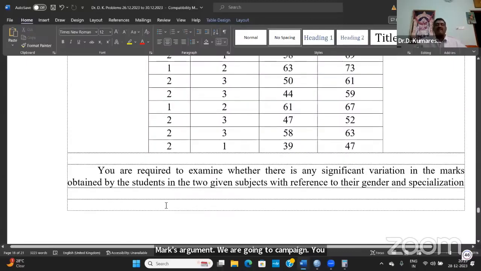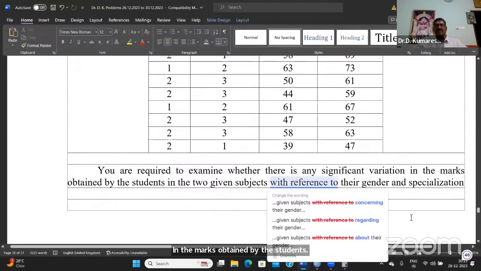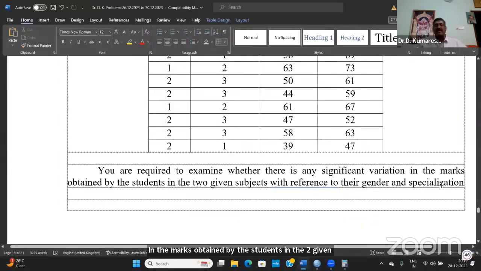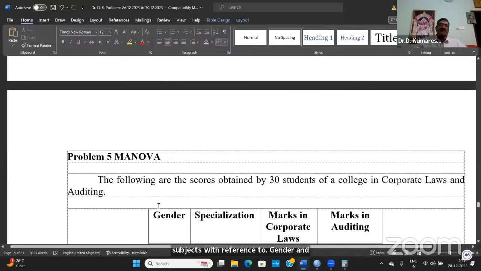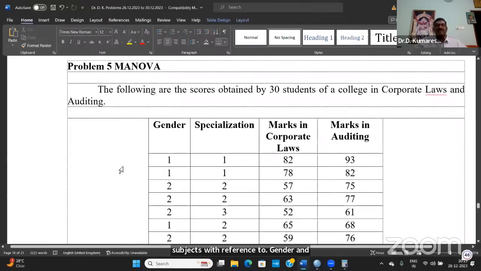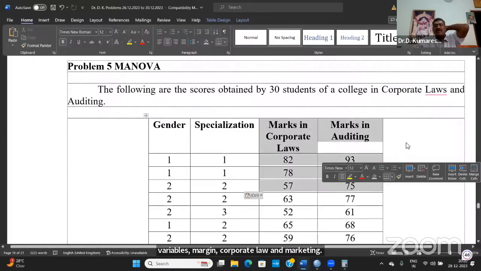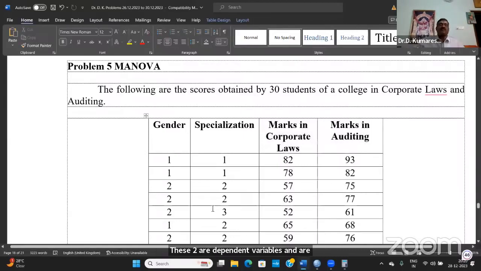You are required to examine whether there is any significant variation in the marks obtained by the students in the two given subjects with reference to gender and specialization. So there are two independent variables, gender and specialization. There are two dependent variables, marks in corporate law and marks in auditing. These two are dependent variables and are given in scale data.